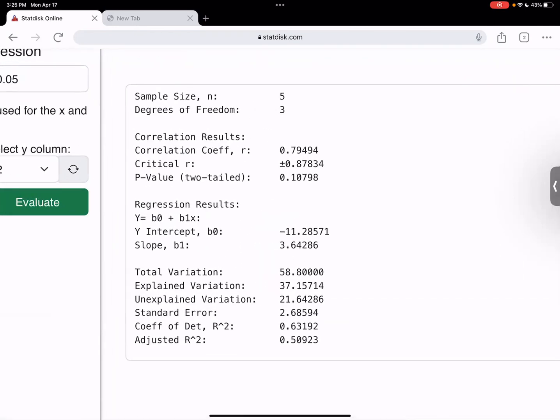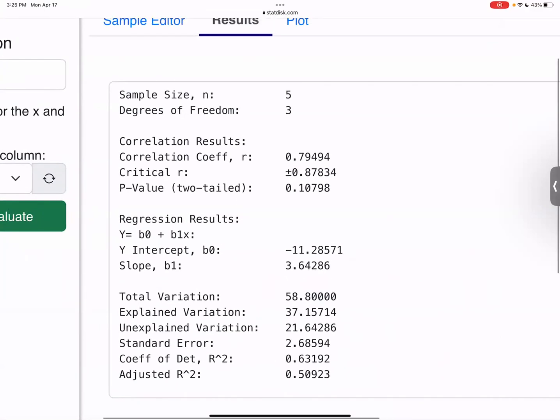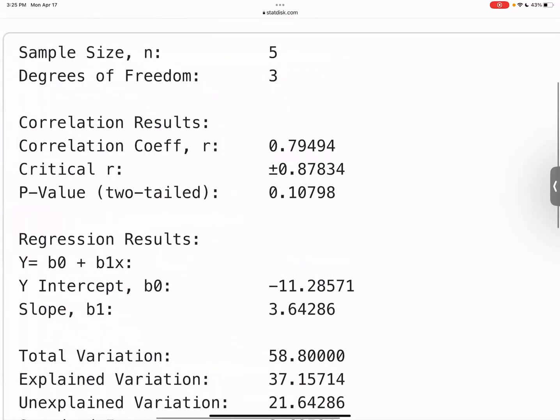The first one at the top is the sample size, n. Then we have degrees of freedom equal to 3, which is 5 minus 2. We use x bar and y bar, because we know the values of the statistics, so this is 5 minus 2 equal to 3. And this value of correlation equals 0.795.